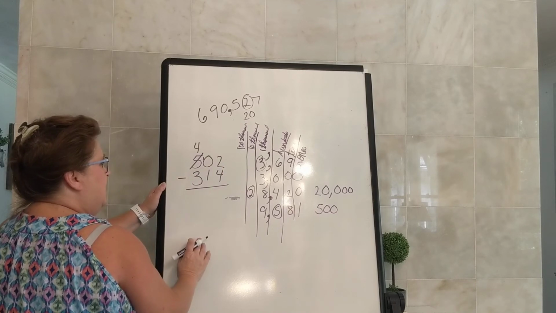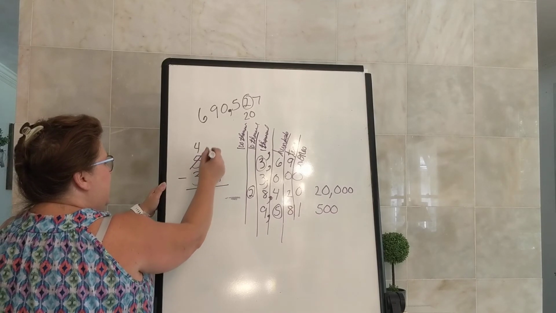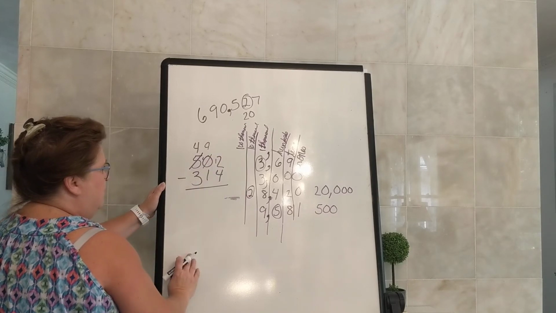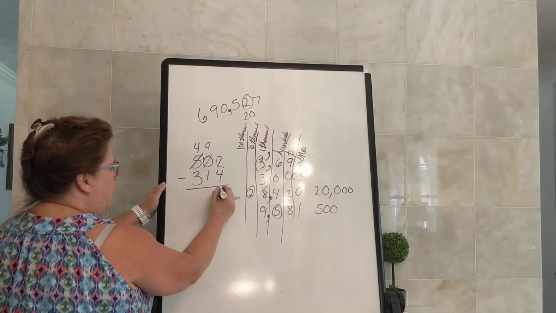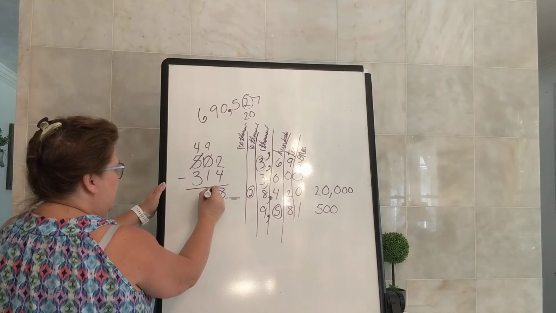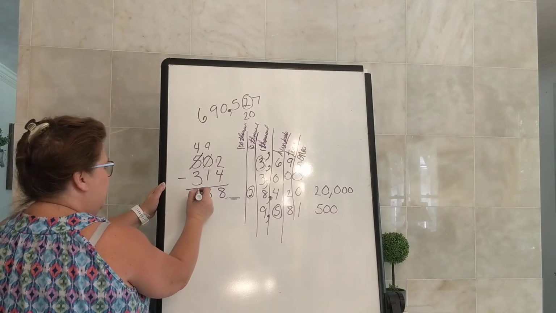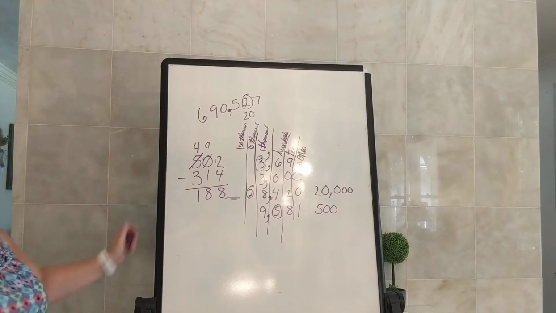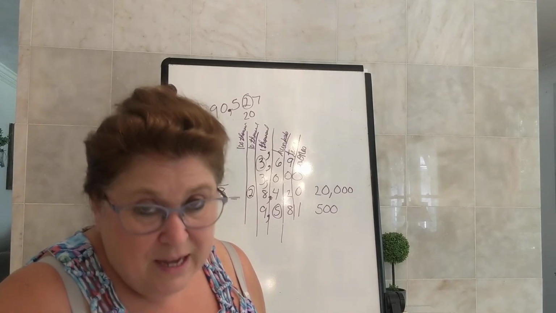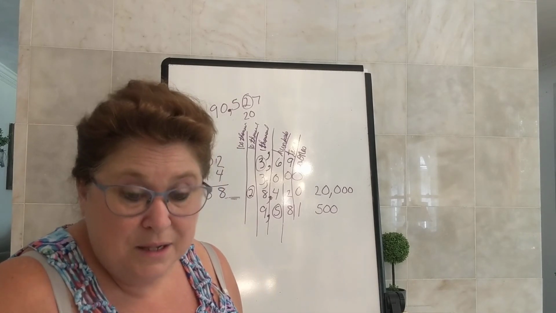So now that's 10. But we're going to borrow 1 from that 10 and make it 9 and put the 1 over here with our 2, making 12. So now we have 12 minus 4 is 8, 9 minus 1 is 8, and 4 minus 3 is 1. So our answer is 188. And look, that should be on your paper. I just gave you an answer here.